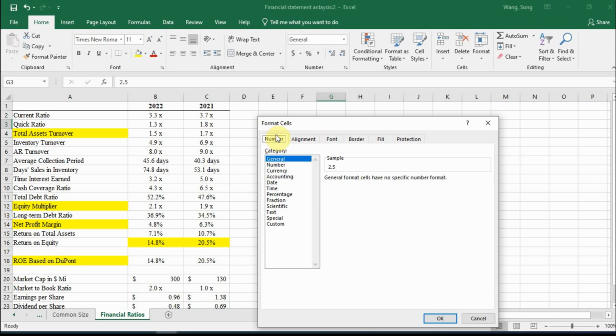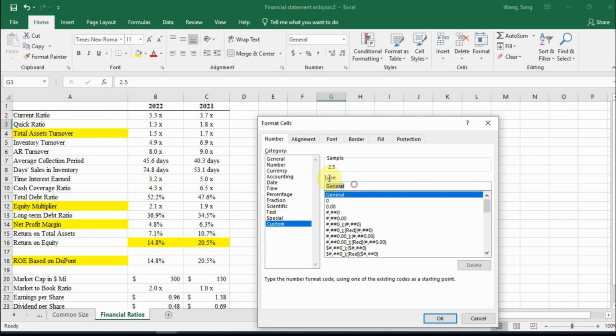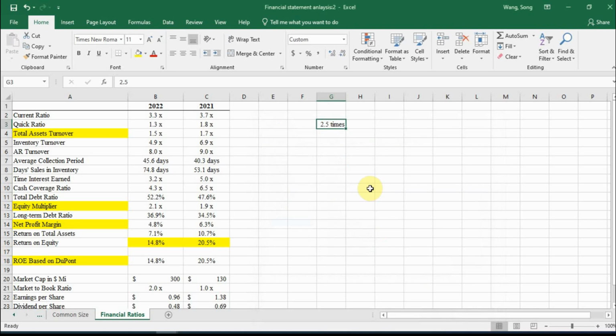And here I need to highlight number, and I want to choose Custom. All right, and I'm going to edit it, and I will put a 0.0, and then I will put a quotation sign, and here I gotta say times. All right, so that's one way to do it.